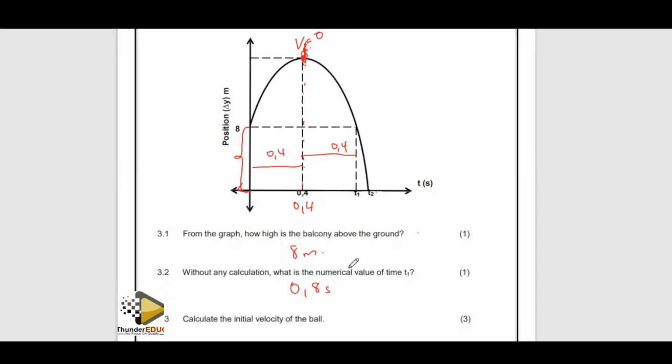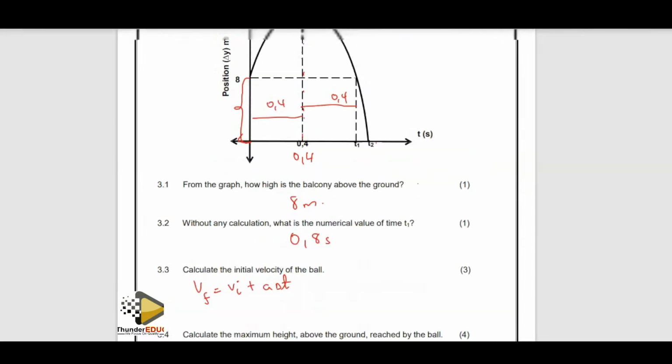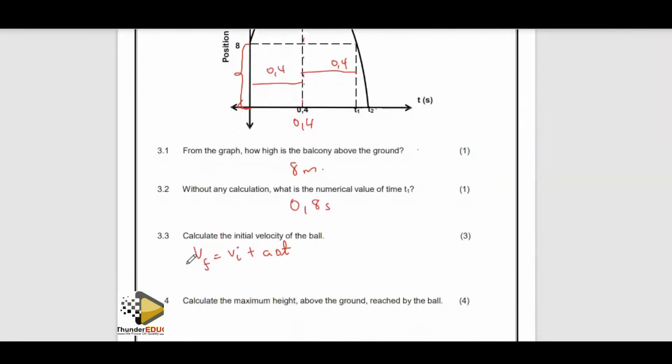And then 3.3, they want the initial velocity. So we can use the first equation and say V final is equal to Vi plus a delta t. We can use the final velocity at this point of the maximum. So I'm going to take the V final to be 0.